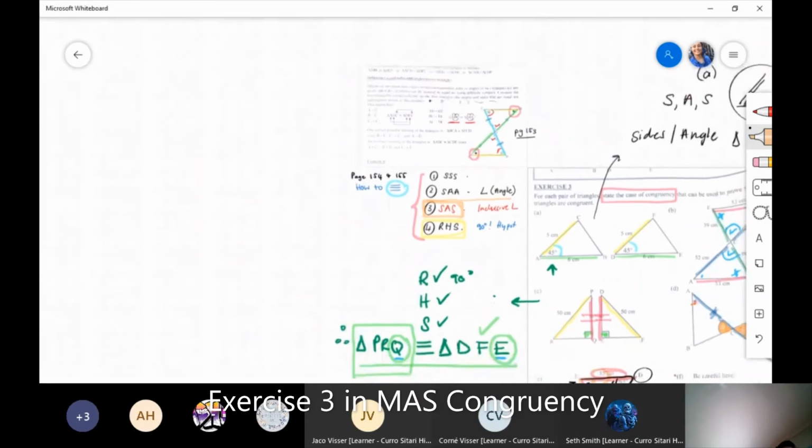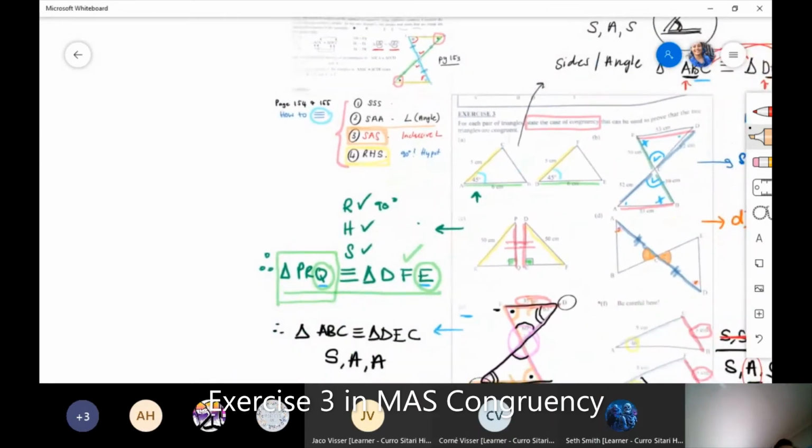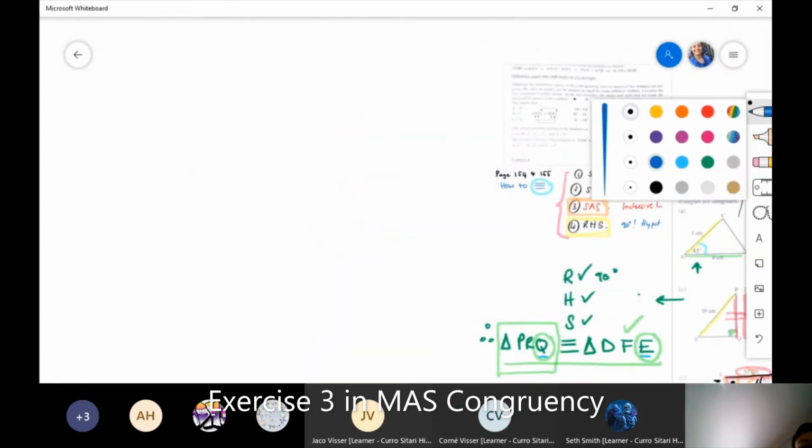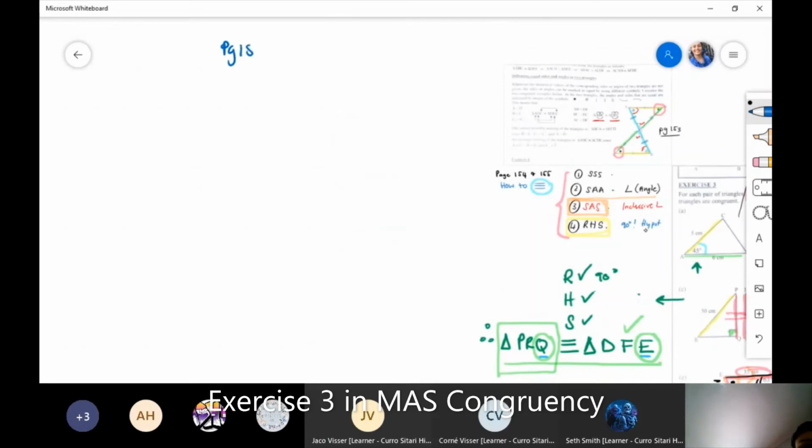The extent of these ones, you will see this is where you just label them. And then from page 157 onwards, we will focus more on that proof and where we make the statement and our reasons.